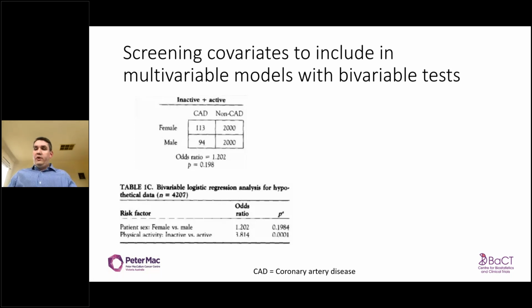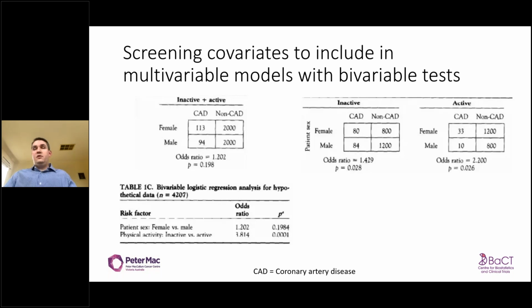sex. However, if we look into more detail and look at the results stratified by physical activity, so we are looking at sex and coronary artery disease in patients who are inactive, we can see that there is an association between the two. And the same if we look at active patients.